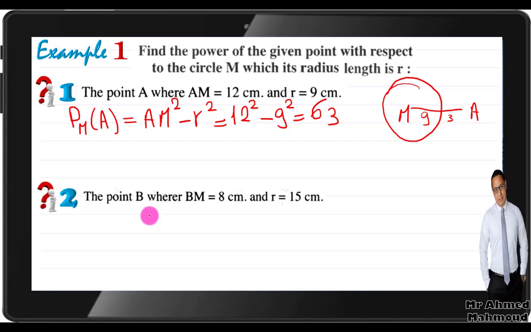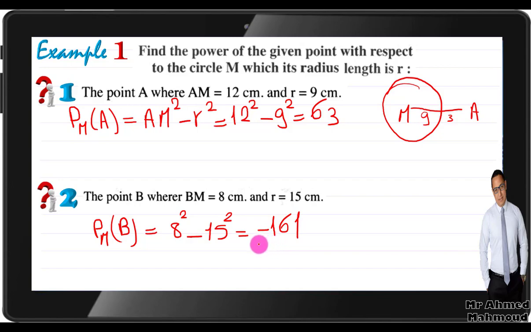And the other one, P of B: BM equals 8 and R equals 15, so P of the point B with respect to M equals BM squared, or 8 squared, minus R squared, or 15 squared. It's equal to negative 161, because P of B is negative, so that means B is inside the circle. Okay, the next question.